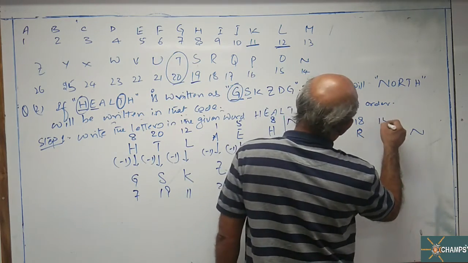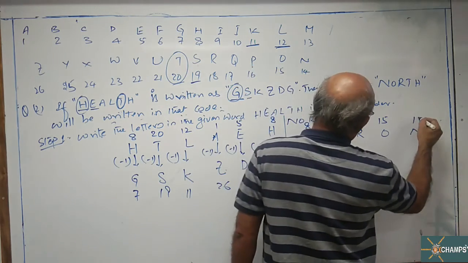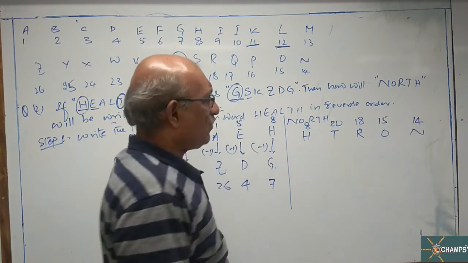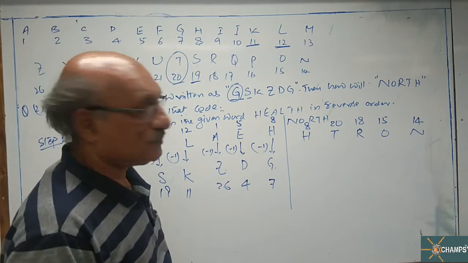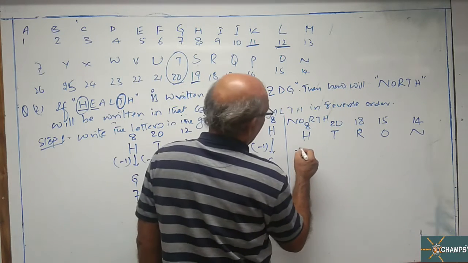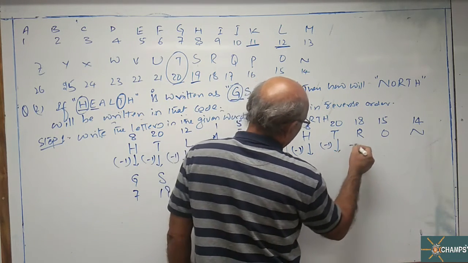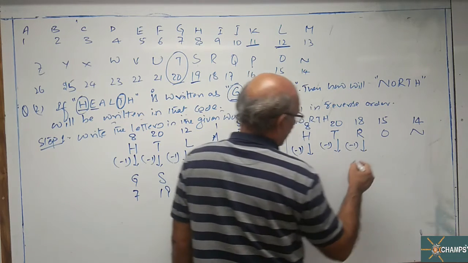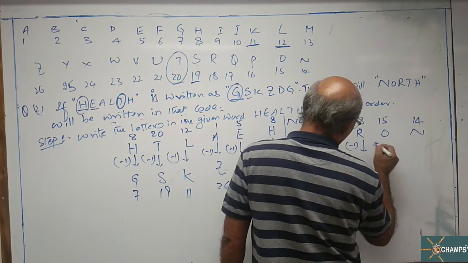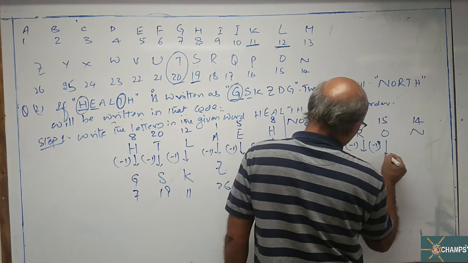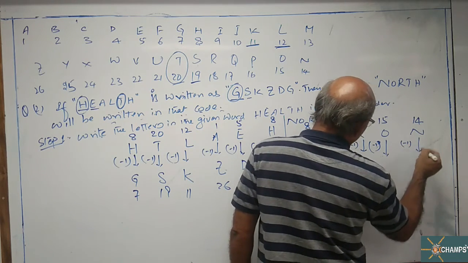O means 15. N means 14. 8, 20, 18, 15, 14. Now, sir, here it is minus 1 for each.